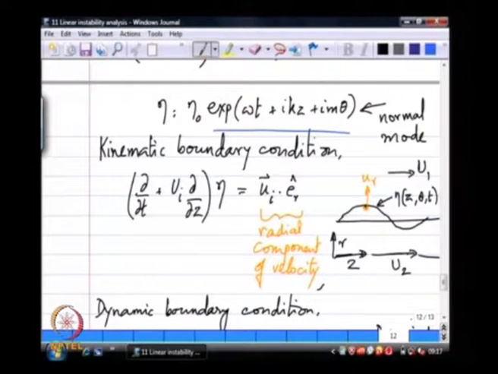So, what do we mean by that? This interface point can exhibit a radial velocity due to two reasons. One, eta itself undergoes an increase with respect to time at a given location. So we have to go back to our fundamental understanding of a partial derivative.